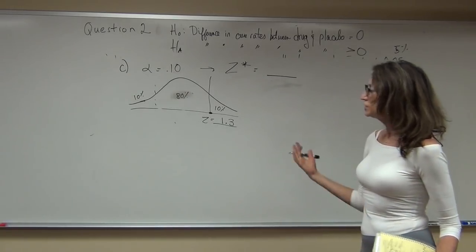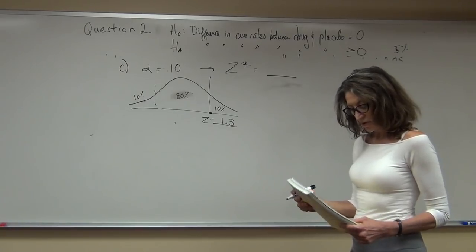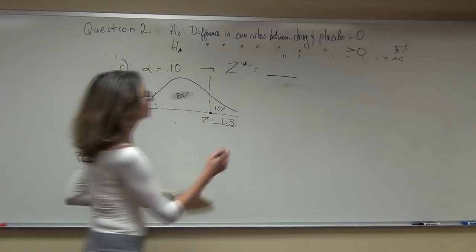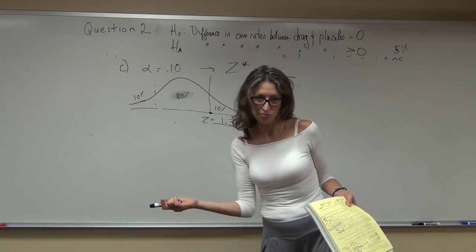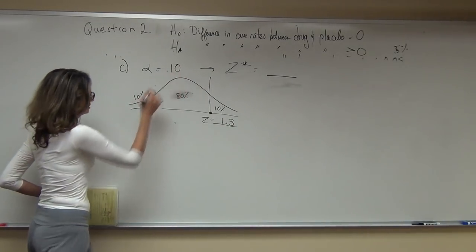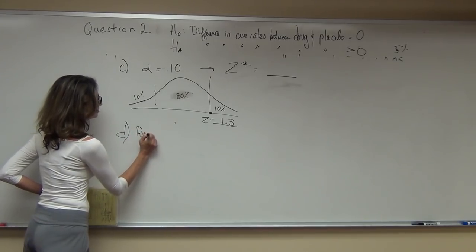All right, so now what's the next question? The next question is D. We want to repeat this with a two-sided alternative. So let's say this was not greater than, but it was just not equal to.